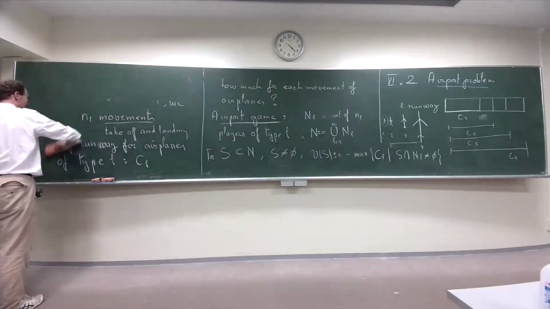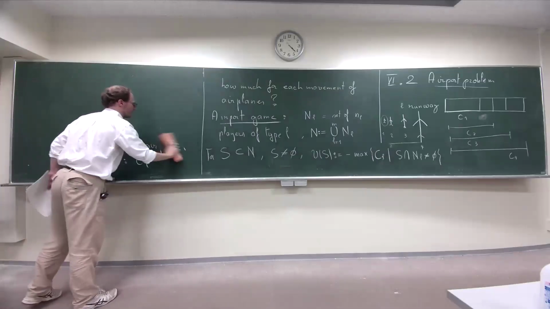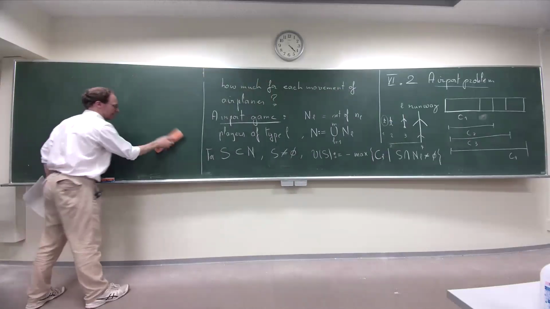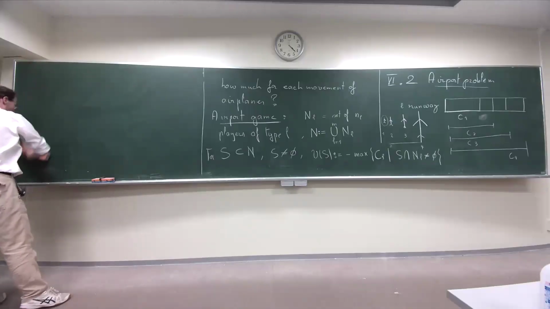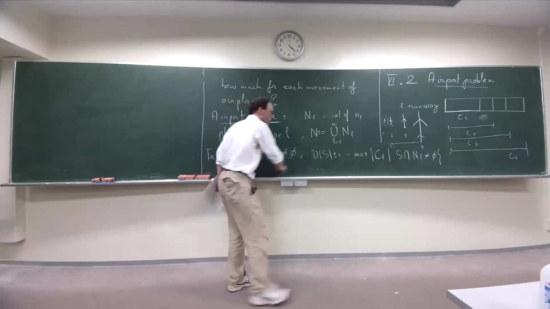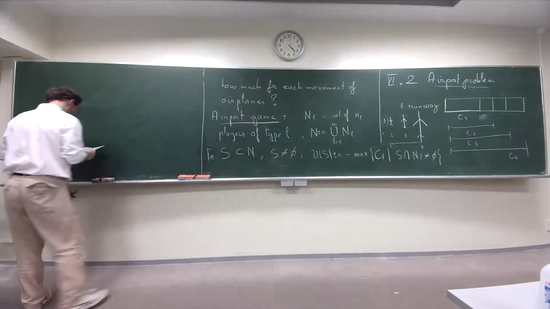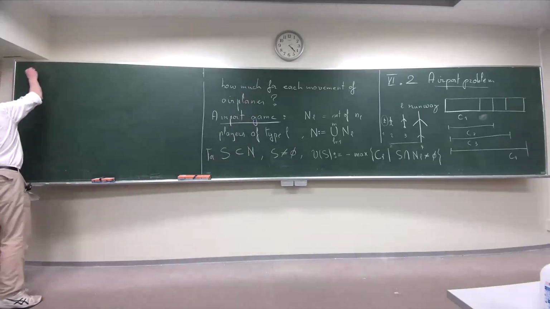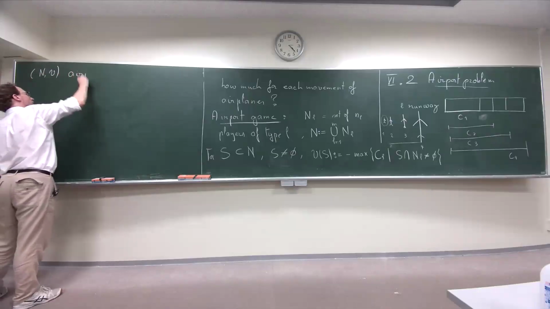I'm just setting the framework. Indeed, you want to take a kind of multiplicity, but I'm not at this point yet. I just give a rule. And now we call this N with this V the airport game.